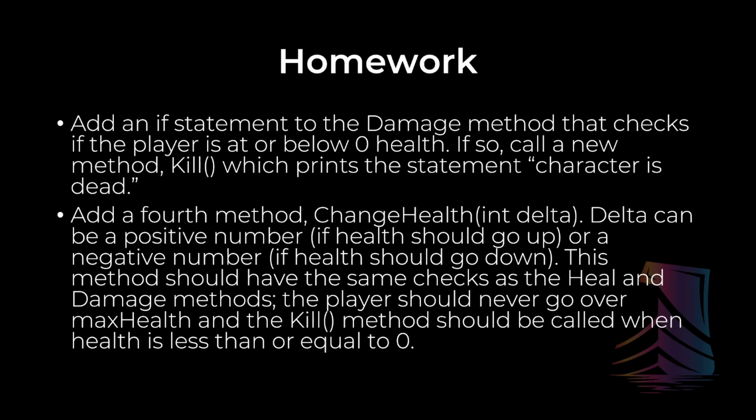This method should have the same checks as the heal and damage methods. So the player should never go over max health, and the kill method should be called when the health is less than or equal to 0. Think of it like there's a power-up that can change its state when you touch it. Sometimes it'll damage you, sometimes it'll heal you. That power-up would call this method.